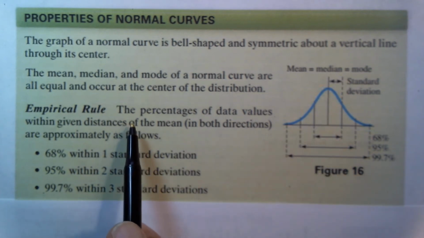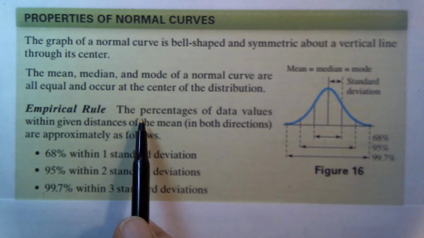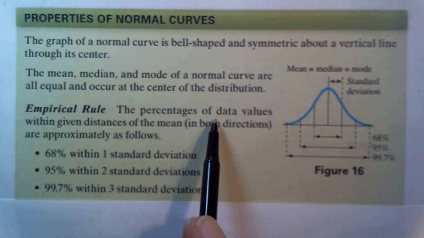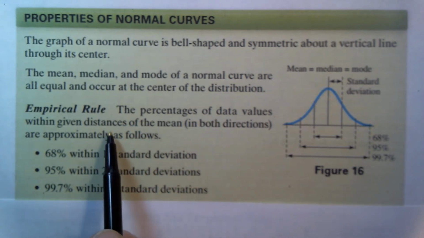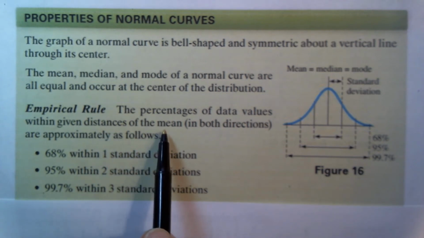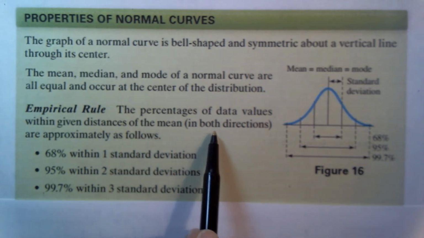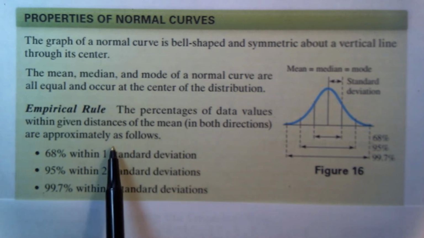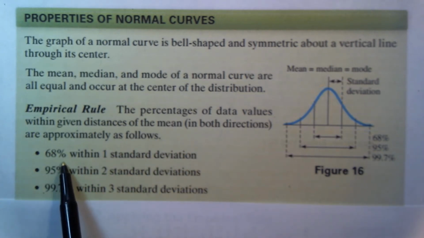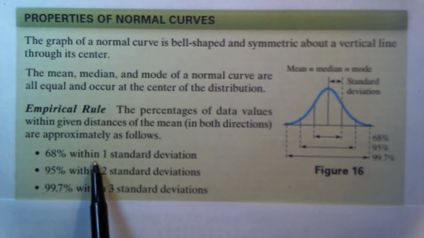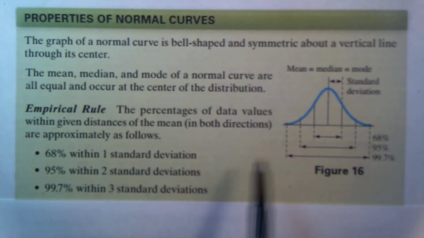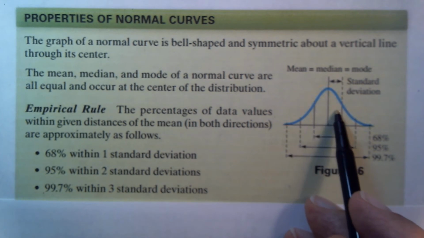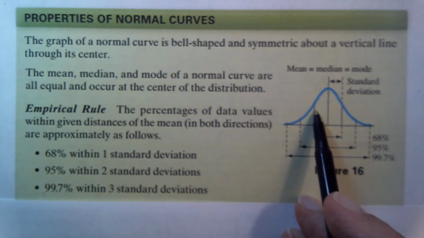Then there's the empirical rule, and that comes up quite often. The percentages of data values within given distances of the mean in both directions are approximately as follows. 68% of the data are within one standard deviation, again, one standard deviation to the right and one standard deviation to the left.